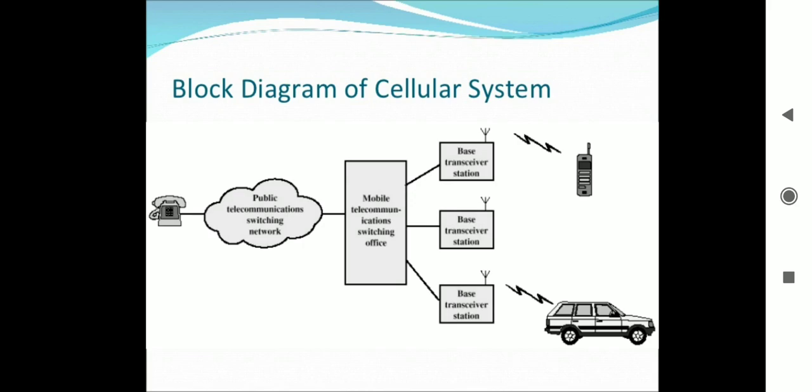Specifically, the coverage area of a cellular system is divided into non-overlapping cells, where some set of channels is assigned to each cell. The same channel is used in another cell some distance away. So this is the basis of cellular systems.